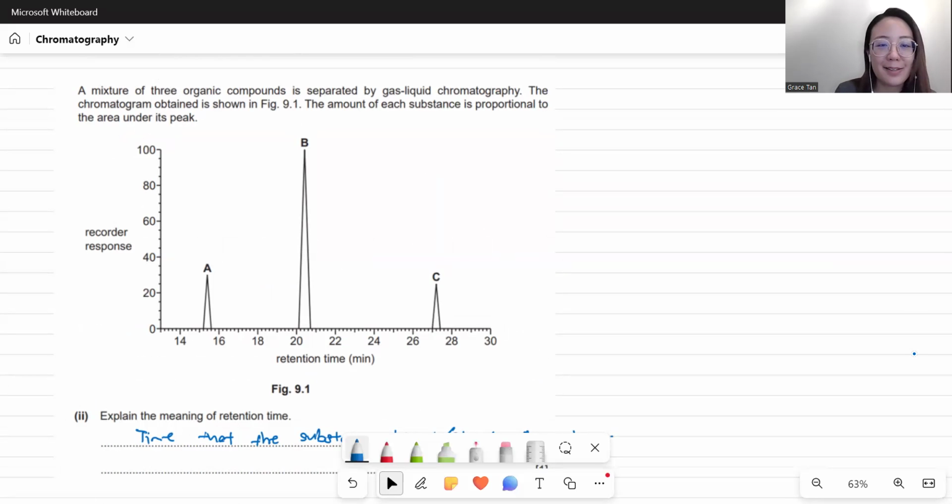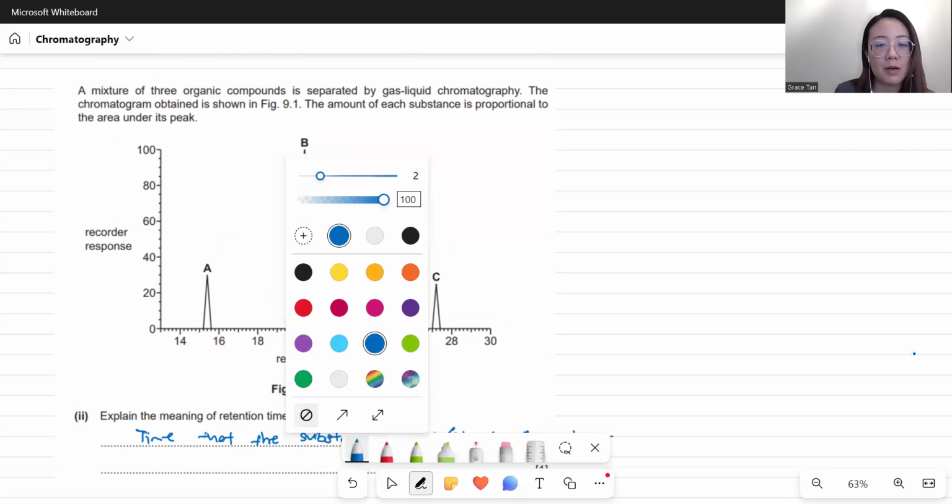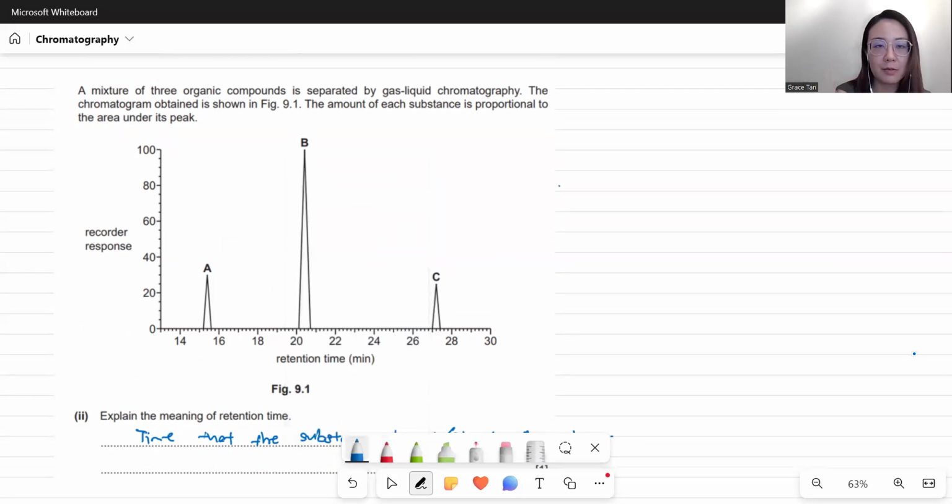Half times height times base. Well, you can pause the video at any time and do the calculation, but I'll just continue. I suggest you try it first, pause the video, and then continue and see the discussion. So for B, half times base times the height.